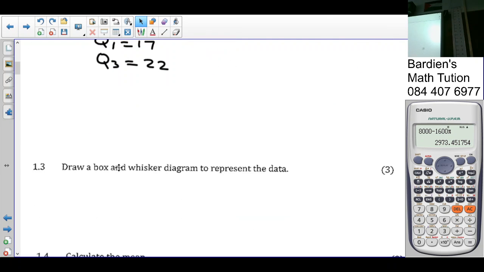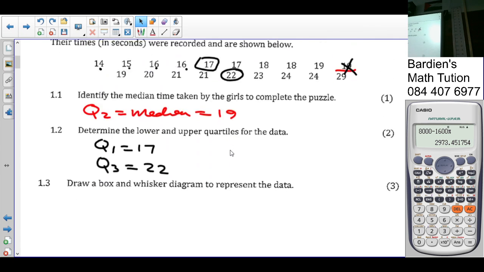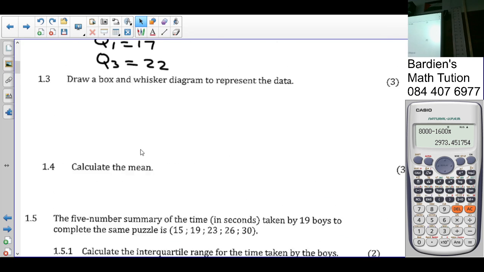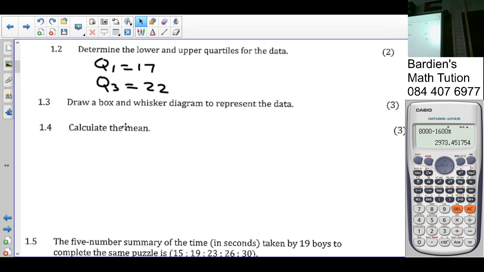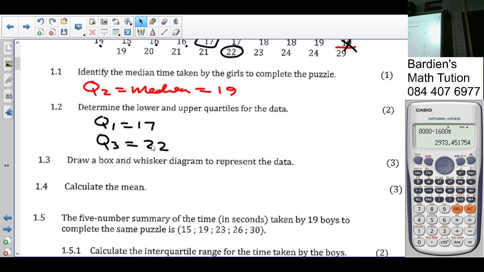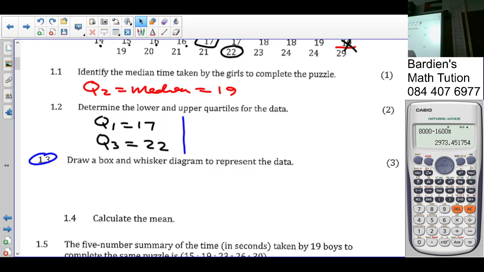The next question we are asked to draw a box and whisker diagram. So I'm going to just draw it here next to the data, so you can have the data in focus. For 1.3, the box and whisker diagram needs to be drawn on a scale.